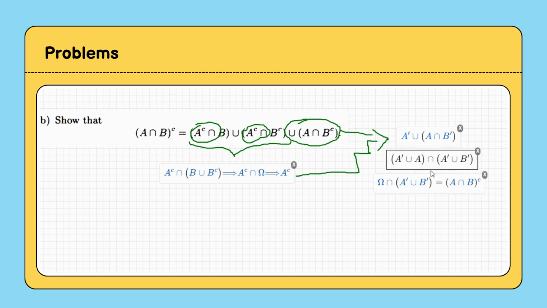So A complement or A is the universal set, the intersection of that with the next parentheses, which is A complement or B complement. The intersection of anything with the universal set is that thing, so the parentheses would remain. And then with De Morgan's law, you have A intersection B, all of that complement.